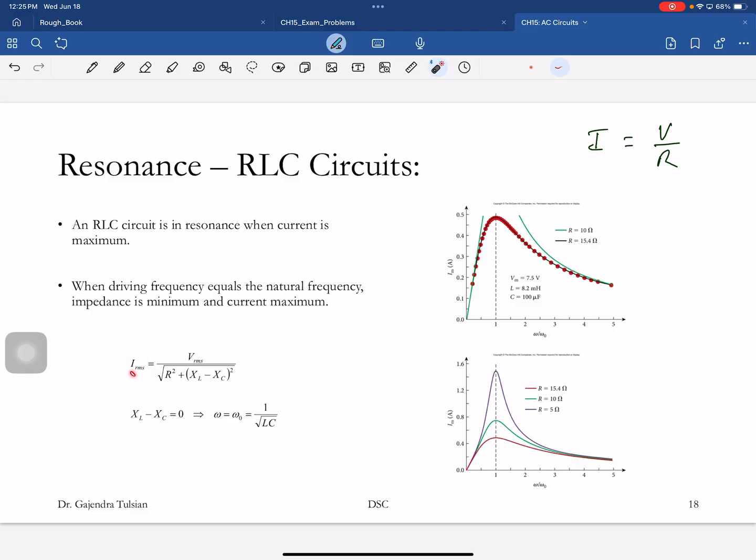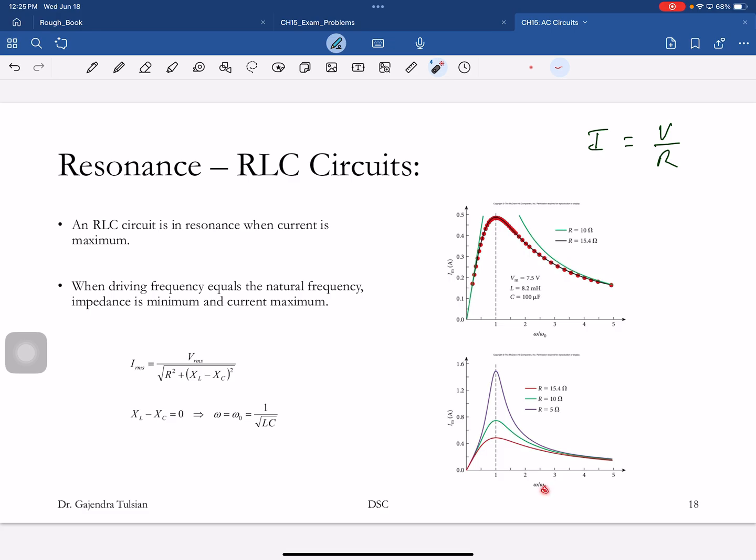This is frequency dependent because these are frequency dependent. Now, if this goes to 0 at a particular frequency, then this is maximum, and that's what this is showing you.